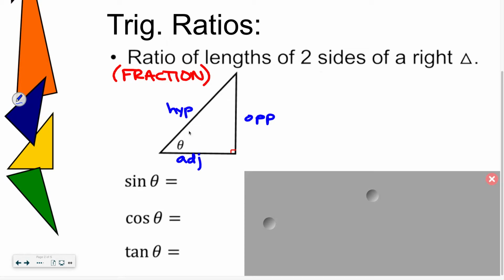So we have the three basic trig ratios down here, sine, cosine, and tangent. And make sure you know SOHCAHTOA: sine is opposite over hypotenuse, cosine is adjacent over hypotenuse, and tangent is opposite over adjacent.